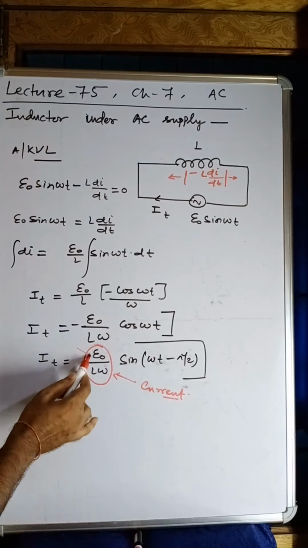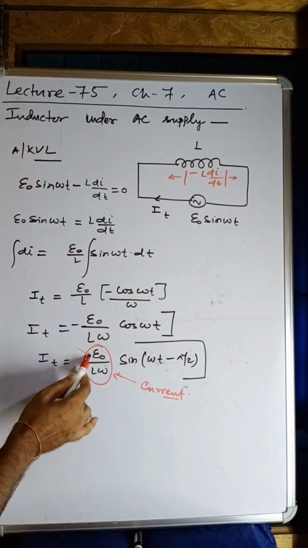For AC, we know that the frequency in our India is 50 Hertz, which is a very high value. And XL is L into omega, which can also be written as L into 2 pi f. Am I right?